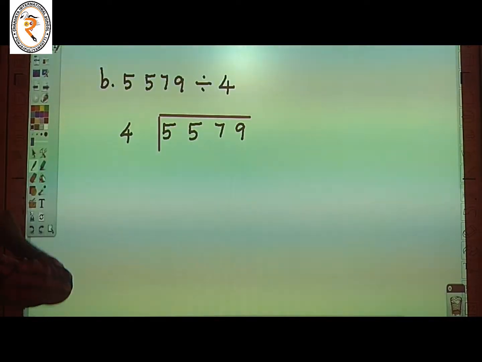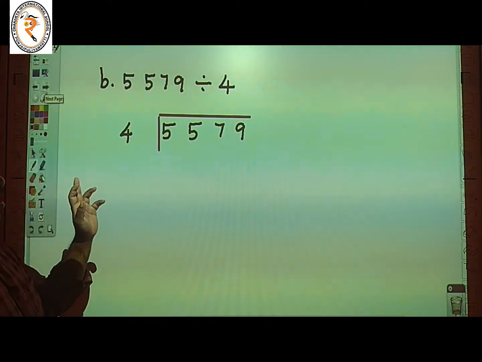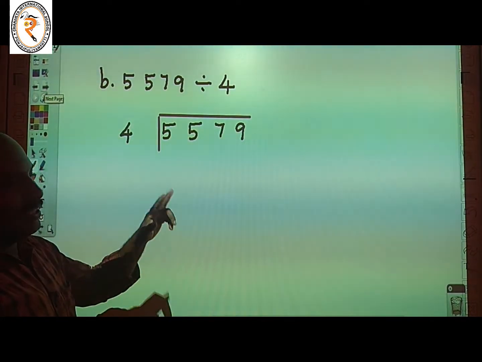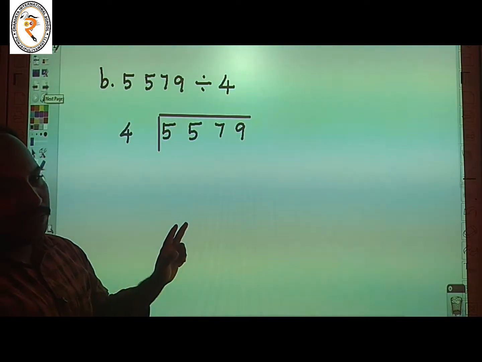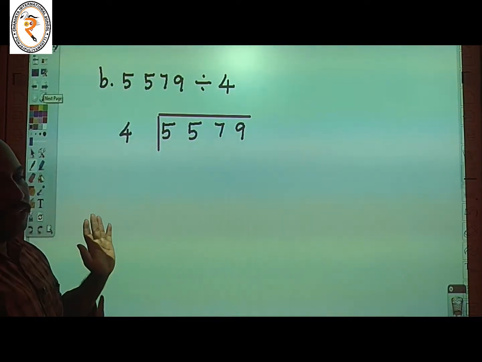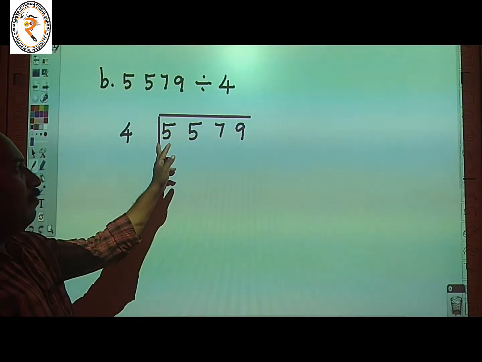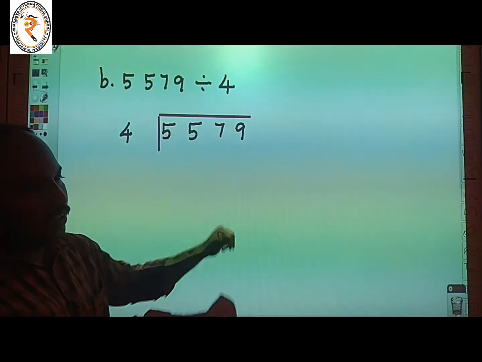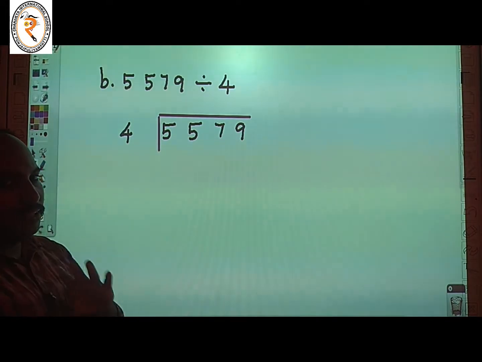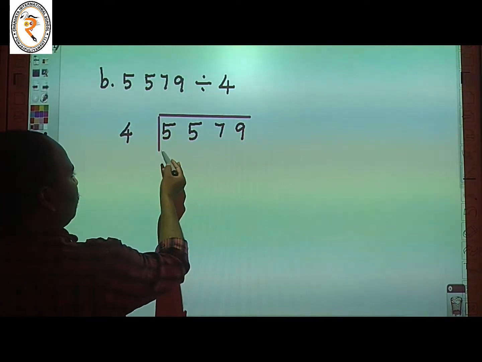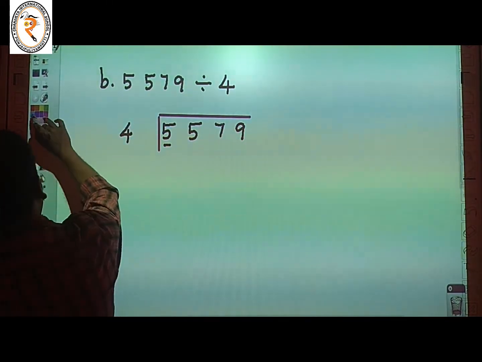Next one, B part, 5579 divided by 4. 5579 is a 4-digit number. Then the divisor part is 4. So first we take the thousands place.